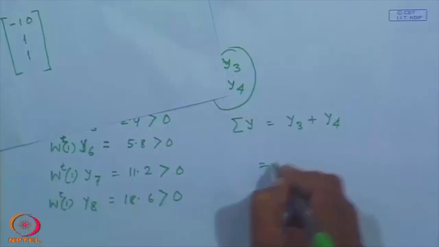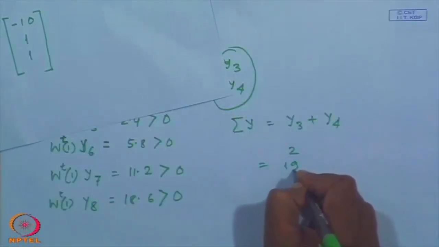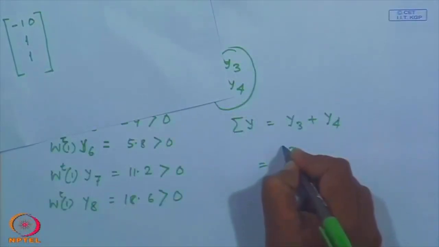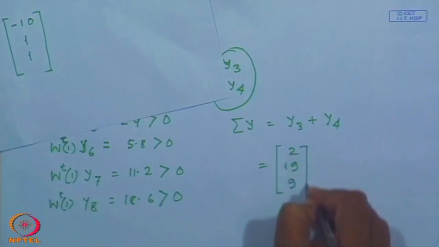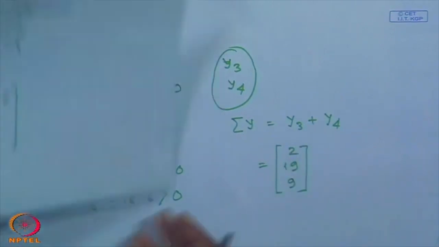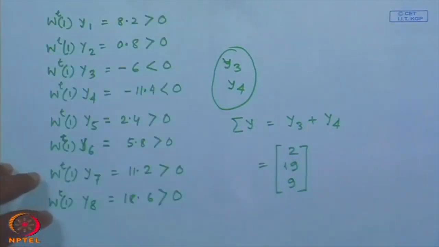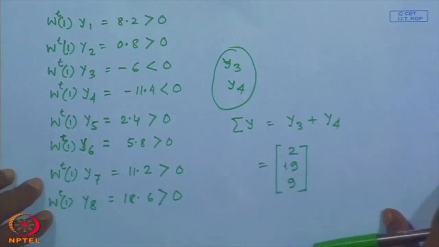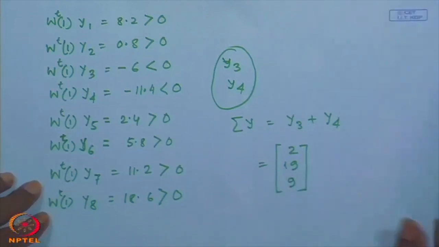So, W2, that is the weight vector to be used at the next level of iteration, is nothing but W1 plus eta times sum of y, or y3 plus y4.